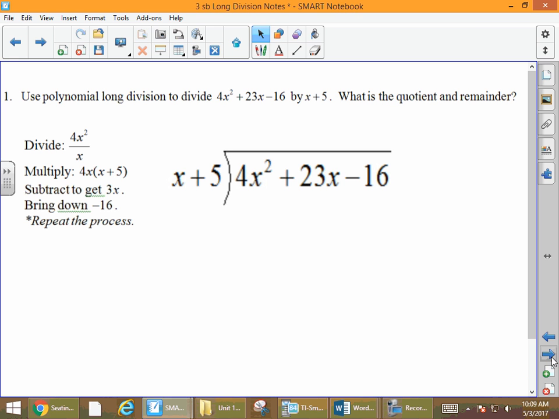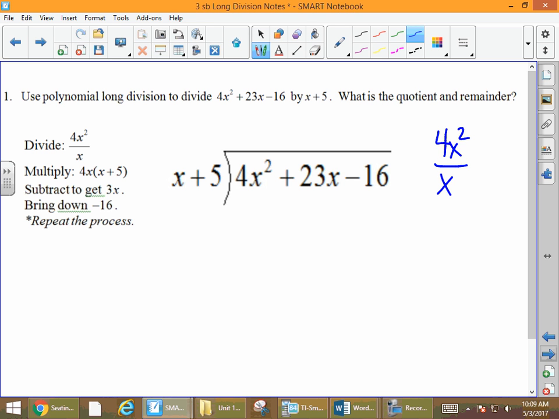So in other words, we're going to take 4x squared, and we're going to divide it by x. And when we do that, if you can't do that in your head, this is just 4xx divided by x. And one of the x's cancels out. So our first value that's going to go up as part of our quotient is going to be 4x.